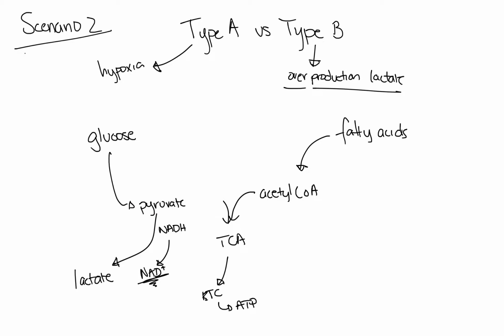And by going in the TCA cycle, we're able to make ATP like we said. However, in situations where acetyl-CoA is extreme and our TCA cycle perhaps is overwhelmed, you end up getting ketogenesis, because an alternate pathway acetyl-CoA can go is formation of ketones, or ketogenesis.